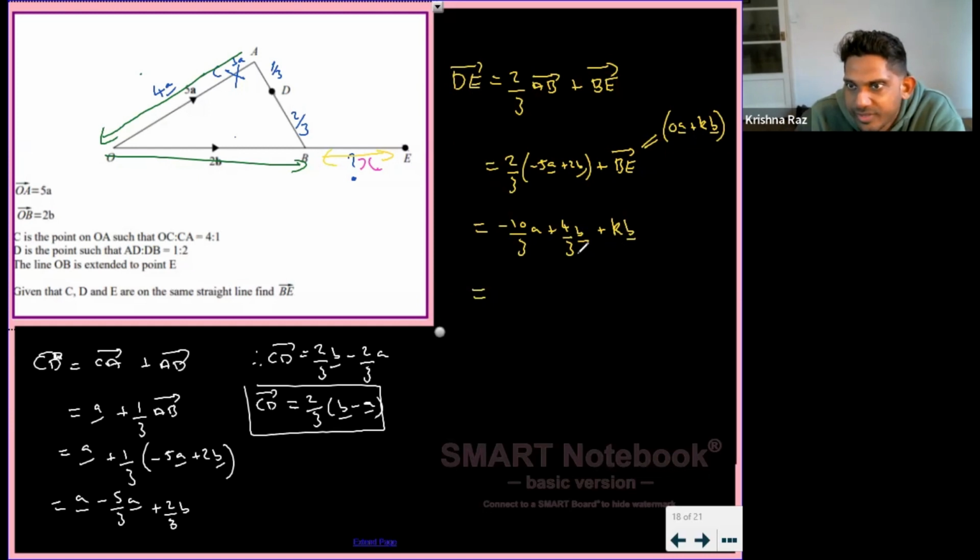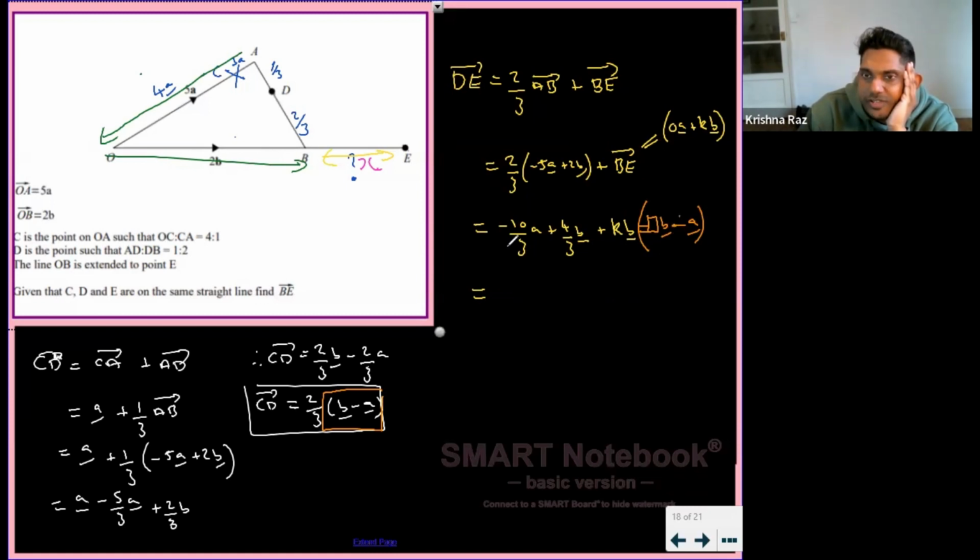Yeah, and then let's simplify that. No, let's not simplify it. So what I have there is something that has to be in that ratio. So this has to be in a ratio B minus A. So whatever the B number is will be the negative of whatever the A coefficient is.